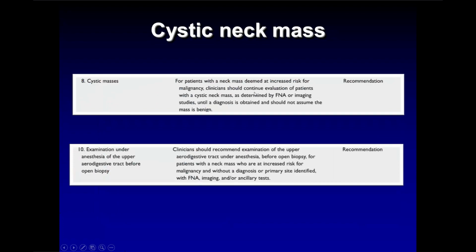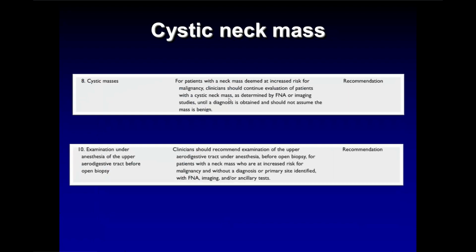So let's talk about cystic neck masses. For patients with a neck mass deemed at increased risk for malignancies, clinicians should continue evaluation of patients with a cystic neck mass as determined by FNA or imaging studies until a diagnosis is obtained. You should not assume that the mass is benign.